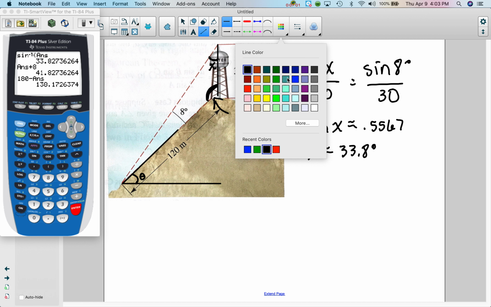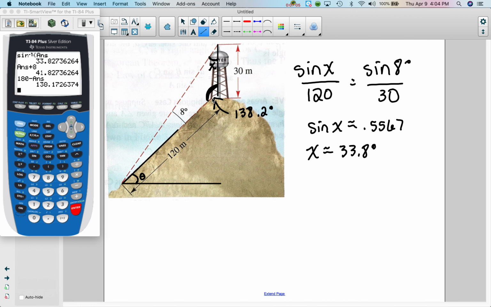Now, keep in mind that from that, I'm still going to have to make use of this idea of making a parallel to this base down here. Now I know that this is also theta, because here I have parallel lines cut by a transversal.